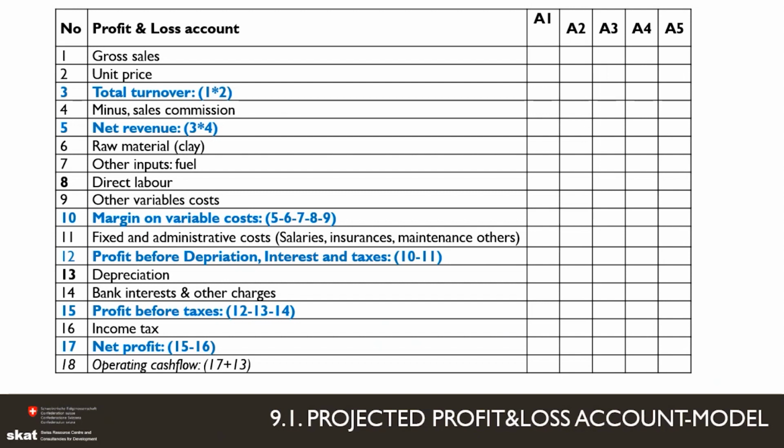If you put income tax, at the end of the day you will have a net profit, which also allows you to calculate operating cash flow, which is the net profit plus depreciation. Because the depreciation is like liquid money you have kept in your account. That's why it becomes a very important aspect in dealing with the cash flow.